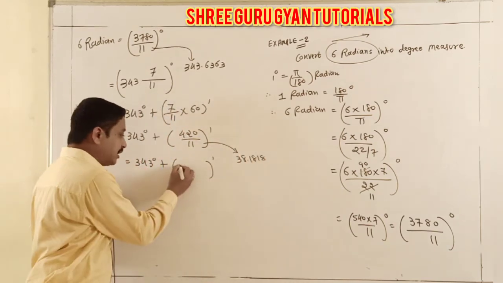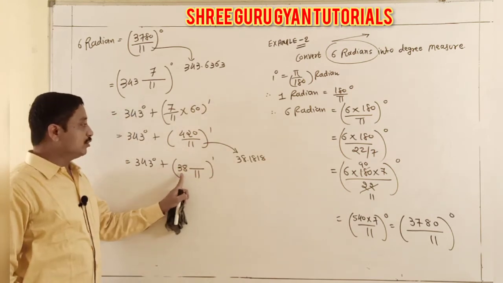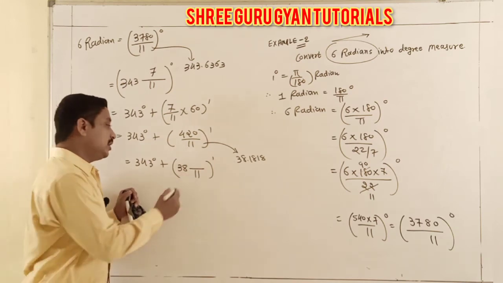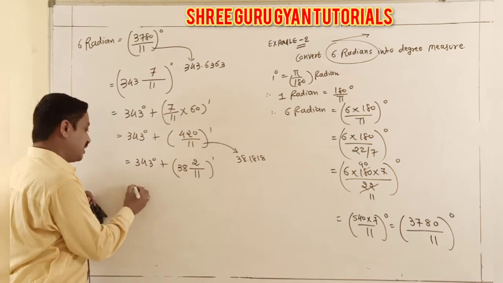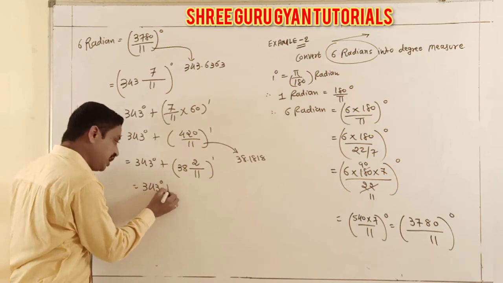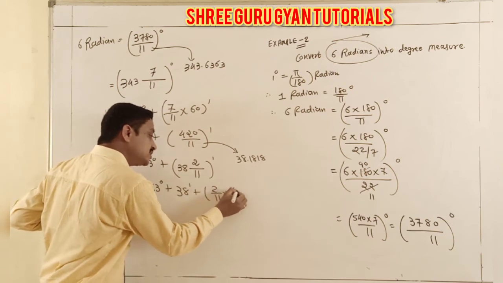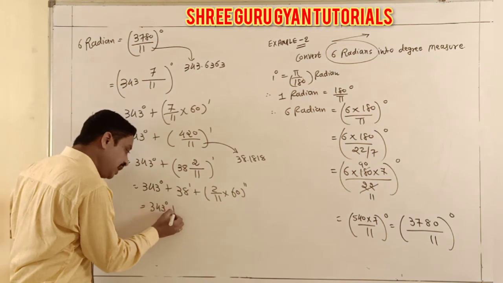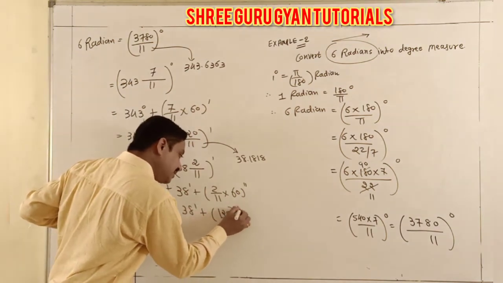So I just write down 38. 11 into 38 is surely 418, so 2 is left. So finally you get 343 degree, 38 minute and 2 by 11 into 60 second. So 343 degree, 38 minute and 120 by 11 second.